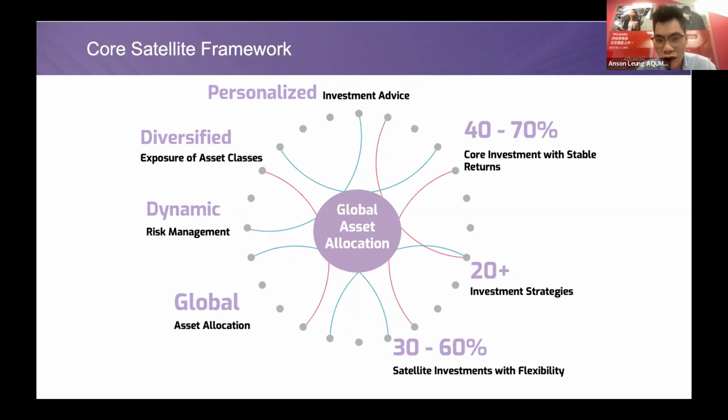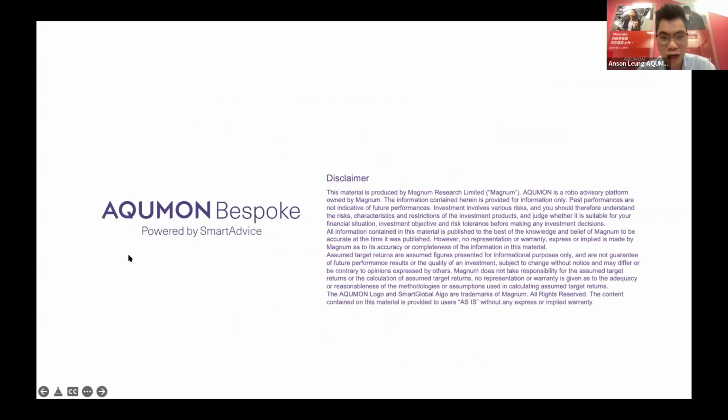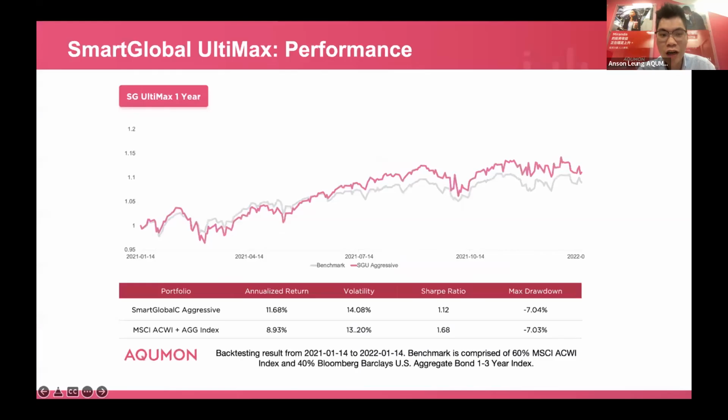So it does not include the Hong Kong or the Chinese stock market, but a lot of the ETFs or a lot of equity listed in the US market have some exposure to the Hong Kong and Chinese market. So just to put it simply, although we are not directly investing in the underlyings listed in the Chinese or Hong Kong market, this strategy still has a certain percentage that has an exposure to the Hong Kong and Chinese market.